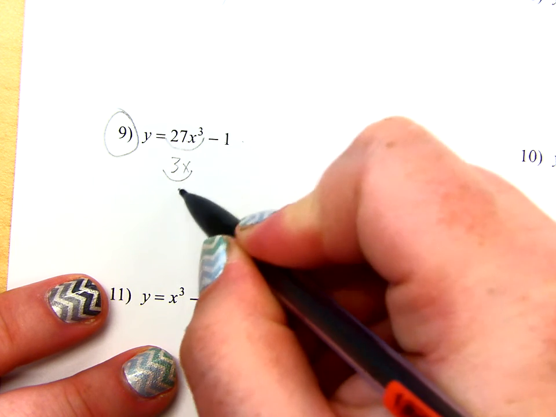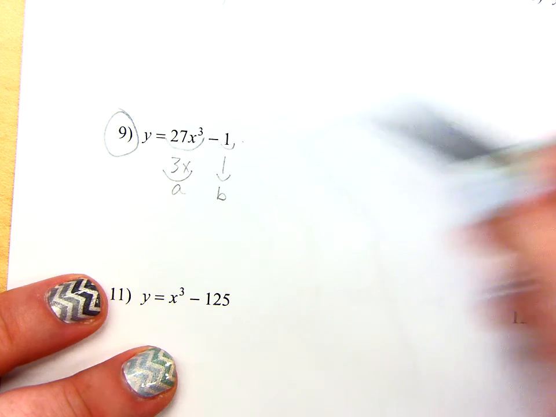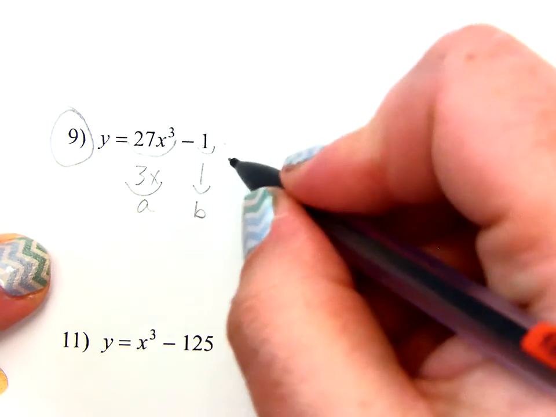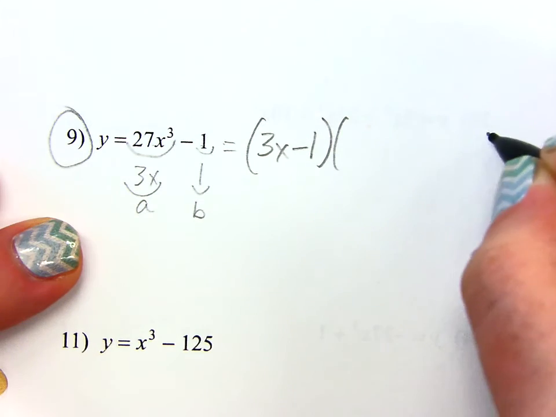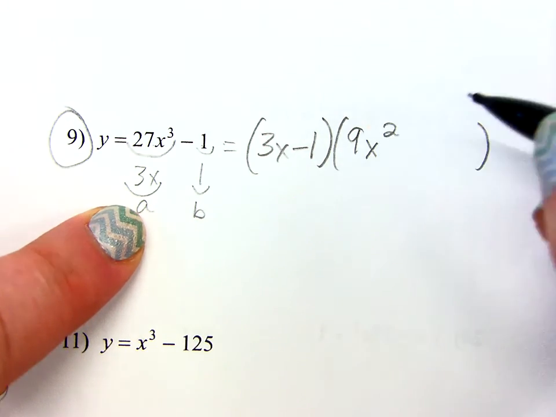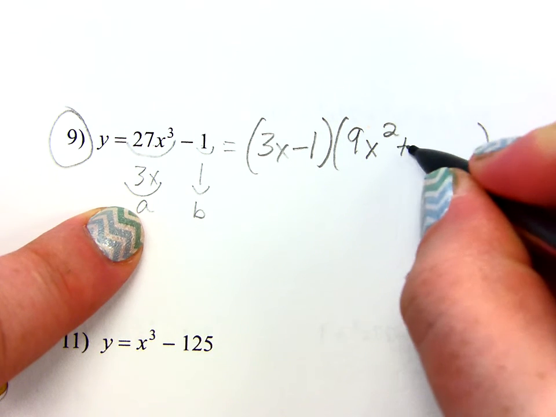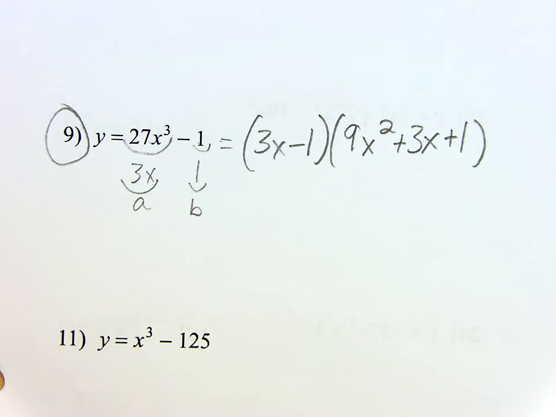So that's what goes in place of A. And the cube root of 1 is just 1, so that's what goes in for B. And then I'm just going to follow the pattern for difference of 2 cubes. So that's going to be 3x minus 1, and then all of these are pluses. So it's A squared. So make sure you have 9x squared, not 3x squared. You got to square the whole thing. 9x squared plus A times B would just be 3x, plus B squared is just 1. So that's how you should have it factored to start off with.